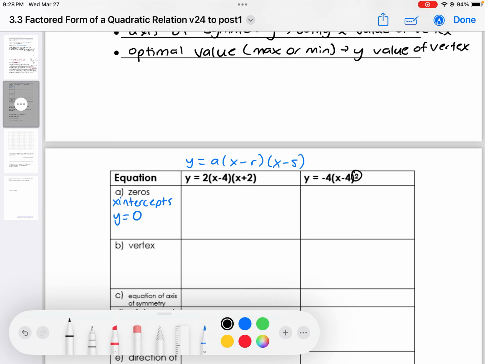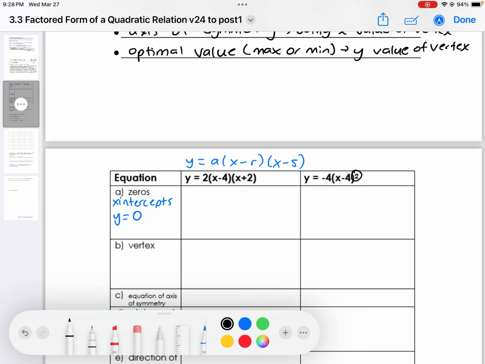And whenever you have a negative, you have to be careful of the signs. So in the first bracket, it says x minus 4. So it's tempting to write down that the x-intercept is x equals negative 4. But that's not the case.